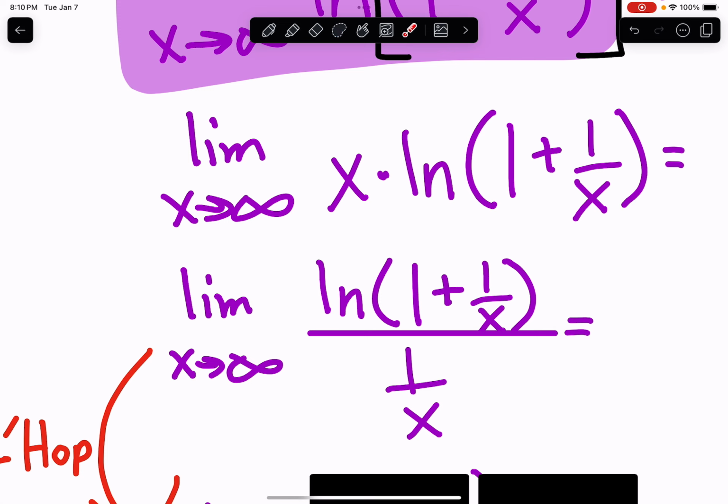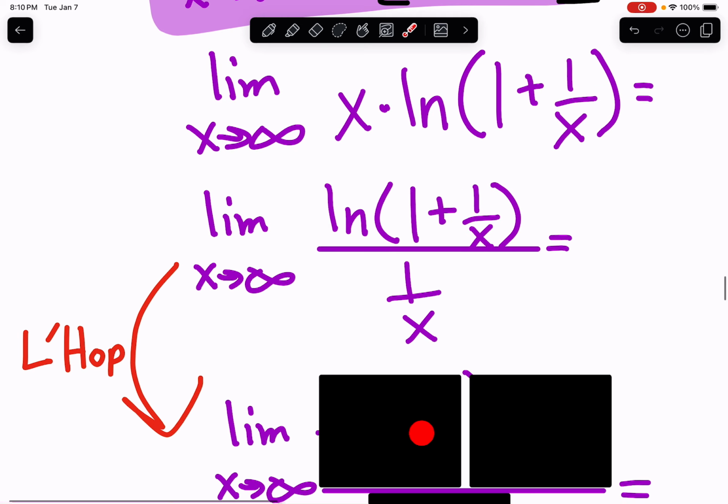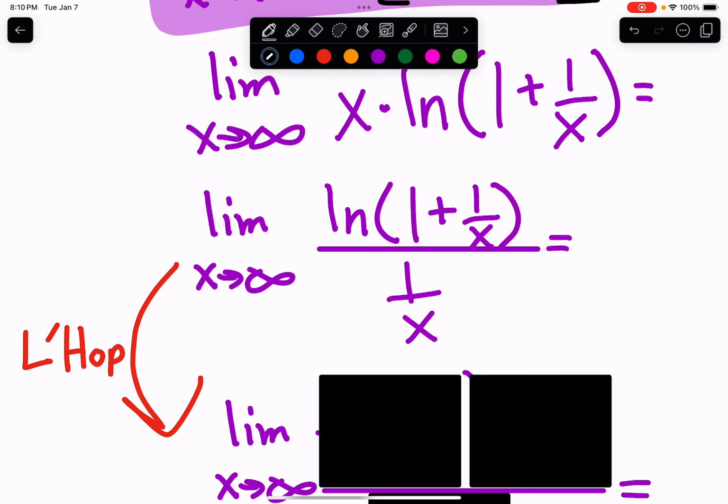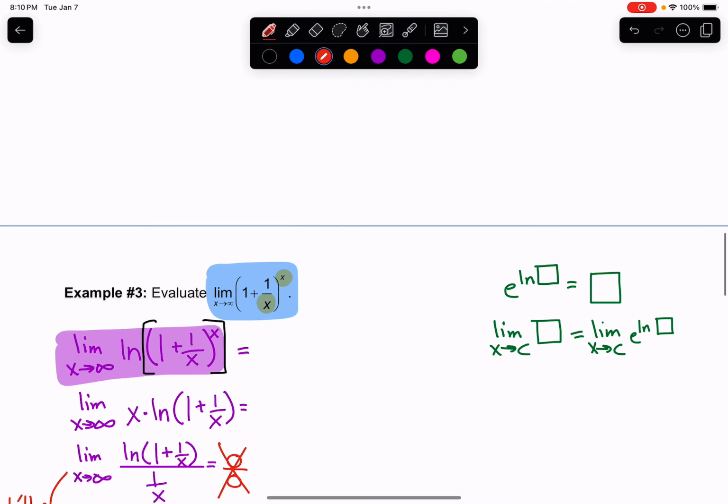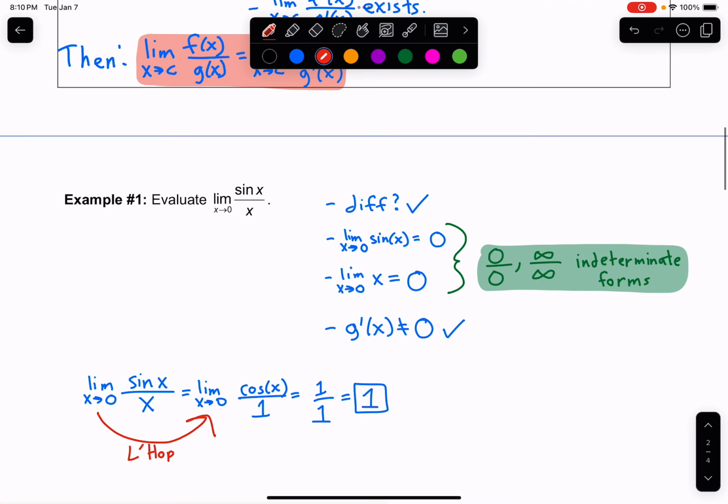Now L'Hopital's rule is applicable. If I plug in a very large number here, this goes to 0, since natural log of 1 is 0, and 1 over infinity also goes to 0. Remember, we never want to write in our work that this is 0 over 0. We want to set it up like we did on example 1 yesterday.